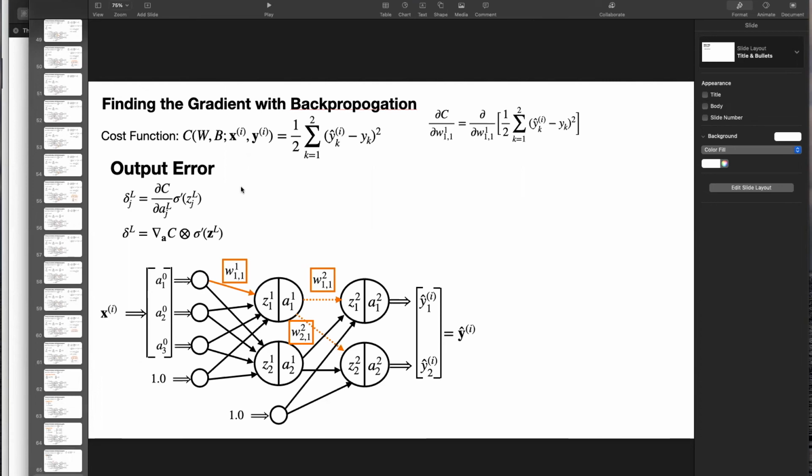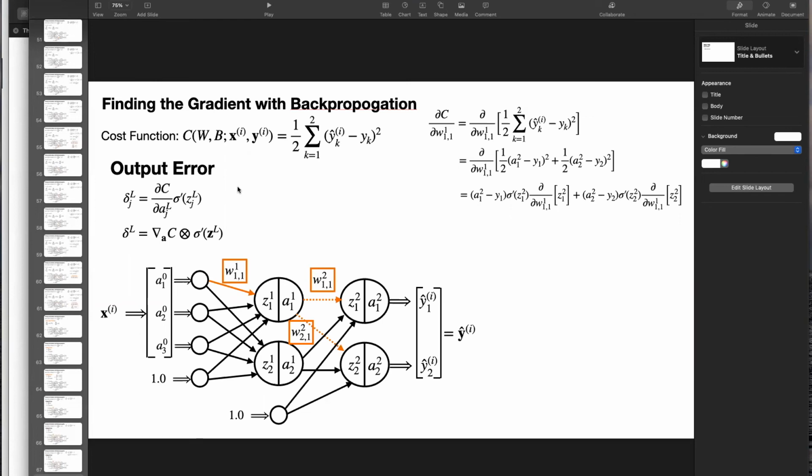It goes to both of these outputs, so we have to consider both of them, which hopefully by now looks okay to you. It's the derivative of the outside times the derivative of the inside times the derivative of the inside again.